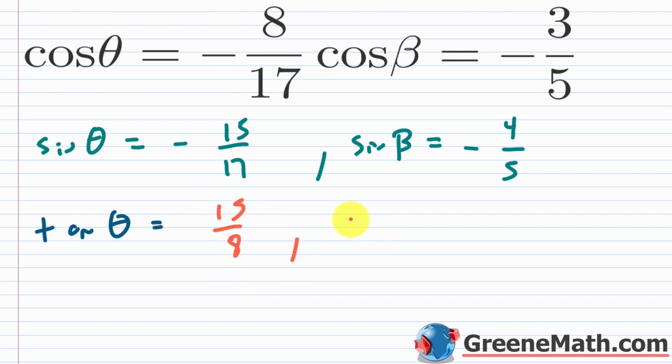And then for your tangent of beta, this is equal to what? Again, take your sine of beta, so negative 4/5, and multiply by the reciprocal of the cosine of beta, which would be negative 5 over 3. And so in this case, this would cancel, and you get negative 4 over negative 3, which is going to be 4/3. So this is 4/3. Okay, so we have everything.